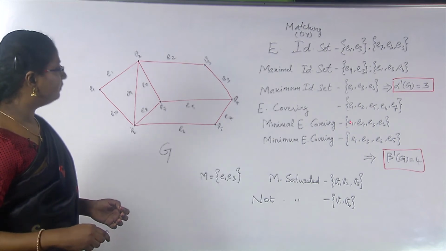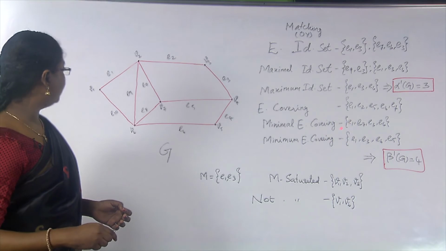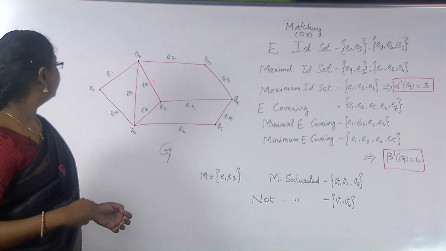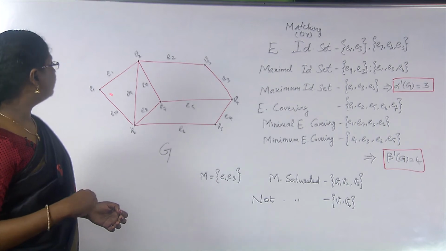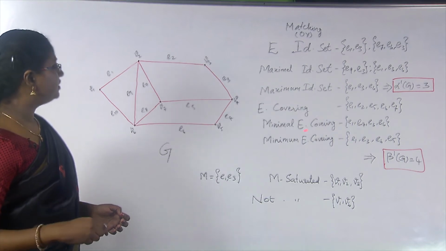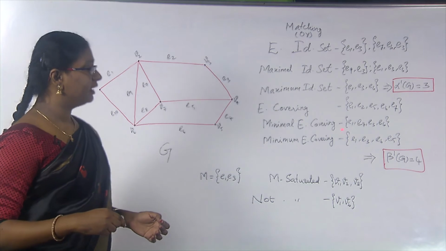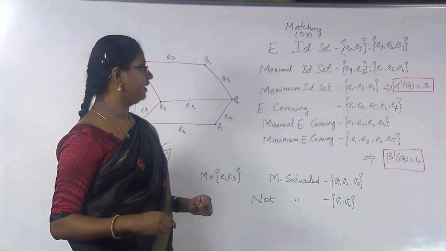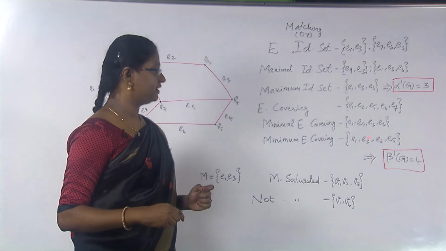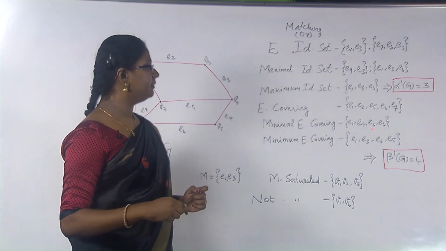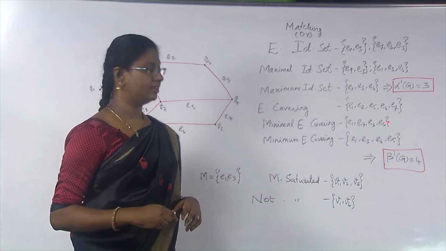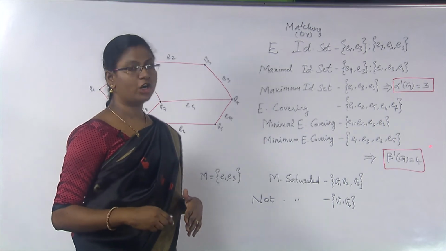So, if I remove E1, I do not have any other edge to cover the vertex V1, which means this is a minimal covering. I cannot find a proper subset of this set that is a covering set.